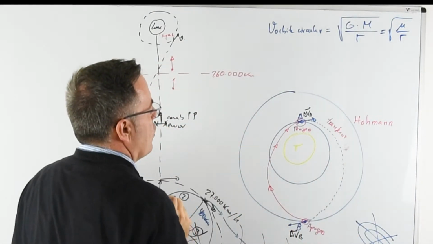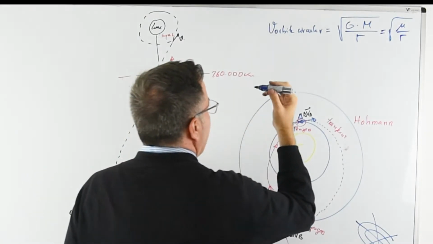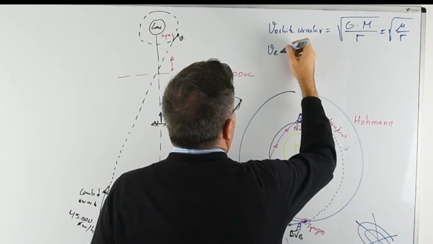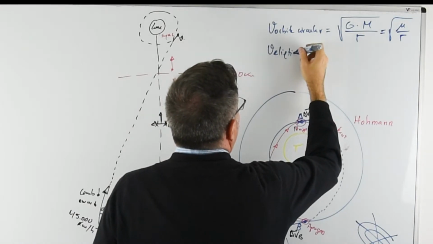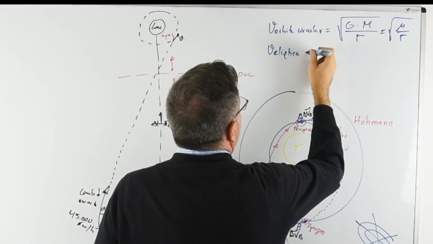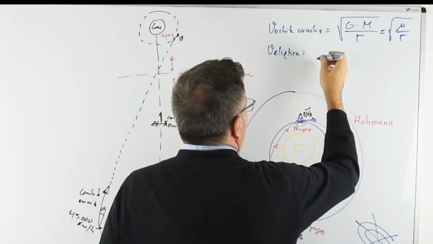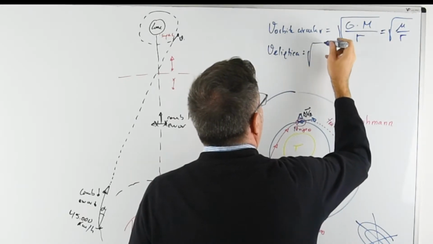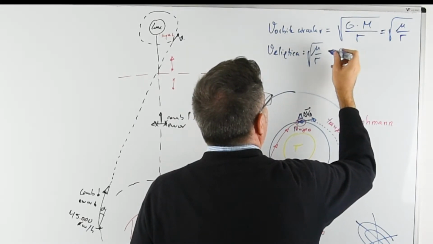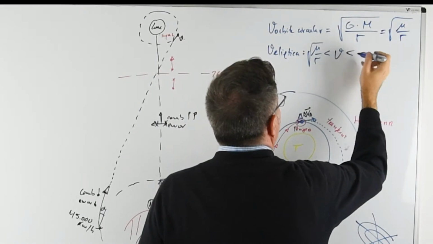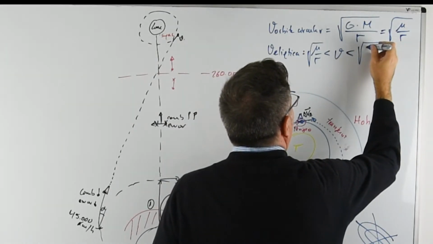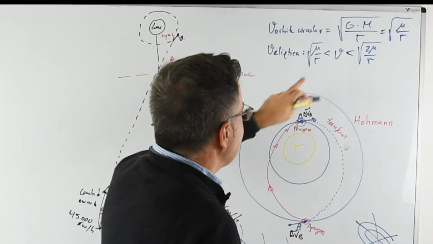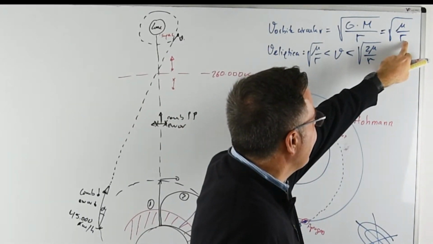Then if we want to move in an elliptic orbit, we have to move between the circular orbit speed and square root of 2 times the circular orbit speed.